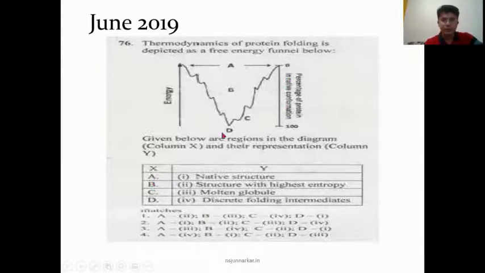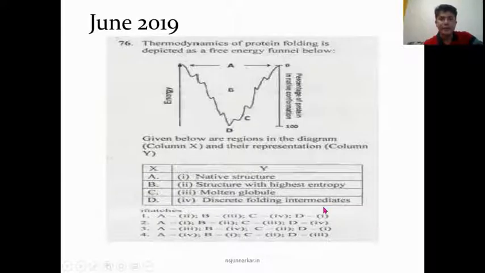In column X, the A, B, C, D are shown, and in the next column the different conformations of the protein are shown: the native structure, the structure with highest entropy, then molten globule, and discrete folding intermediates.